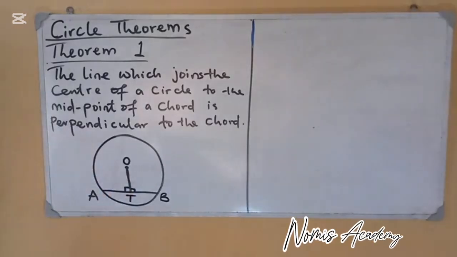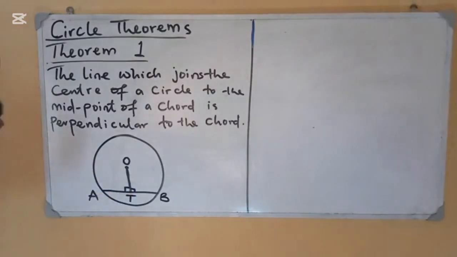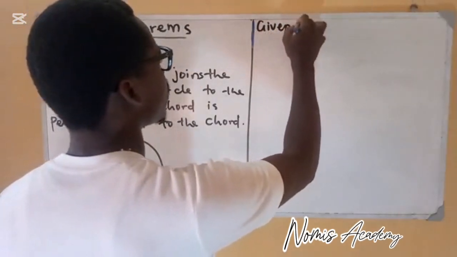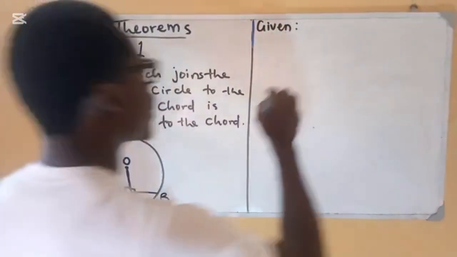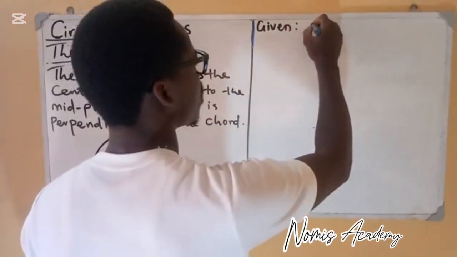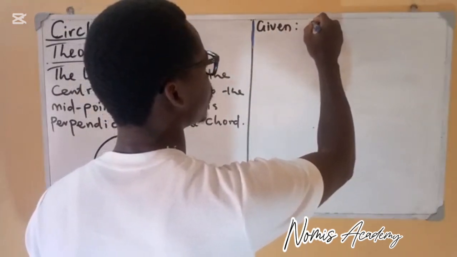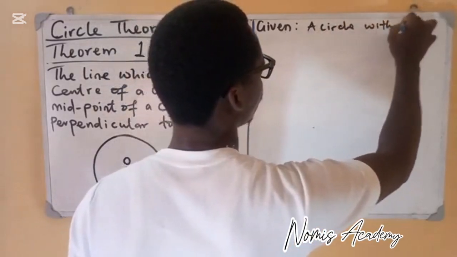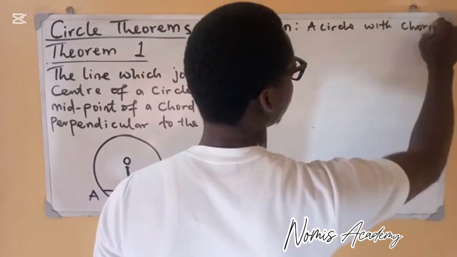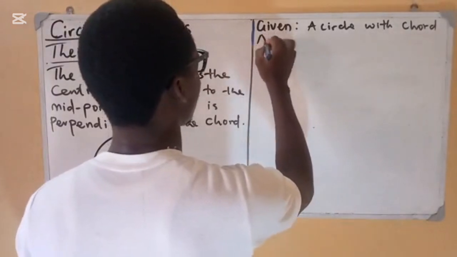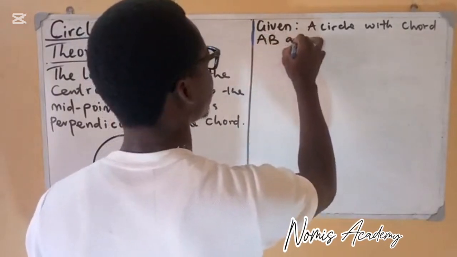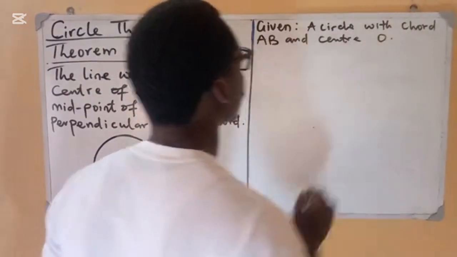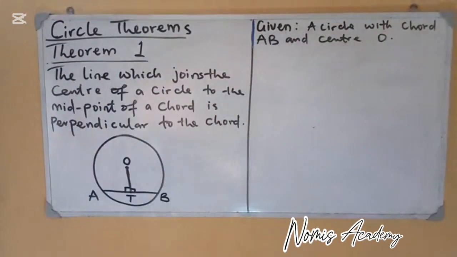Okay, now let's go further to show the proof. So given, we are going to follow the procedure. We are given a cycle with chord AB and center O. Okay, that is what is given to us.